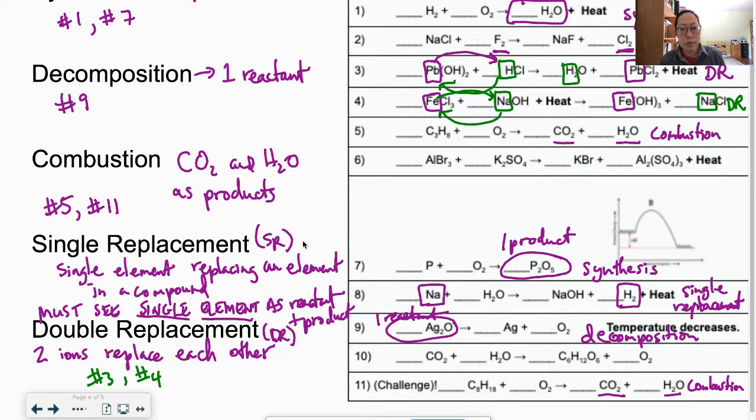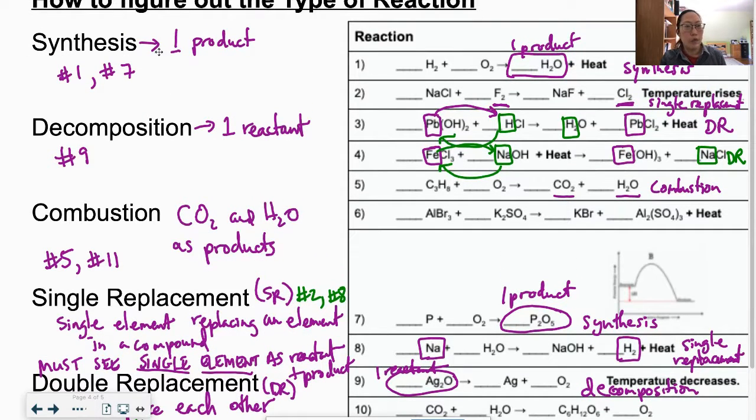Our single replacements are number 2 and number 8. And so I hope that gives you a quick overview of how to identify the type of reaction. So in summary, for synthesis, look for one product. For decomposition, look for one reactant.